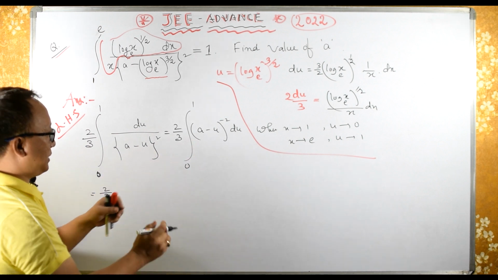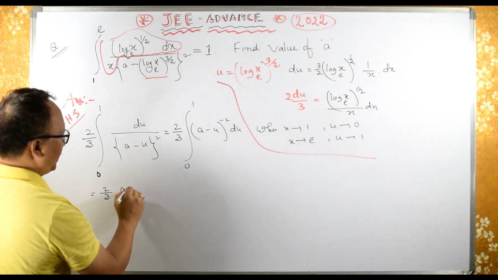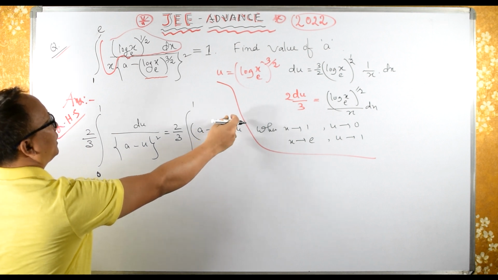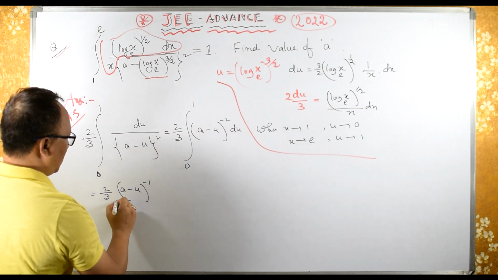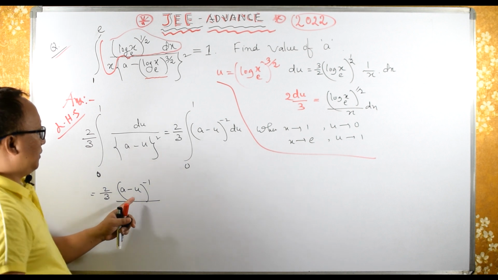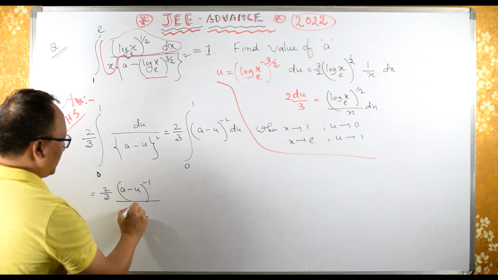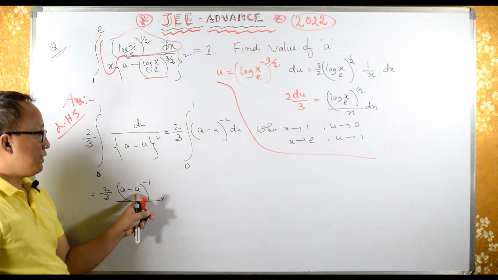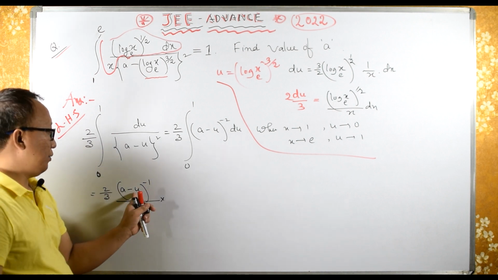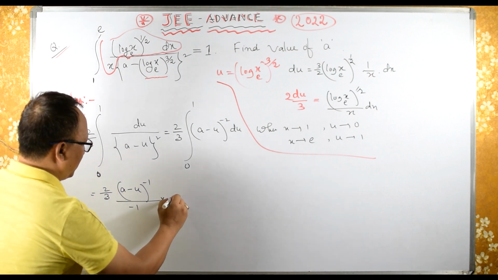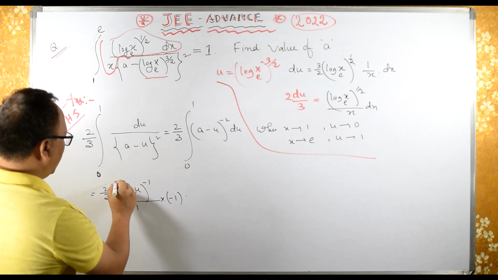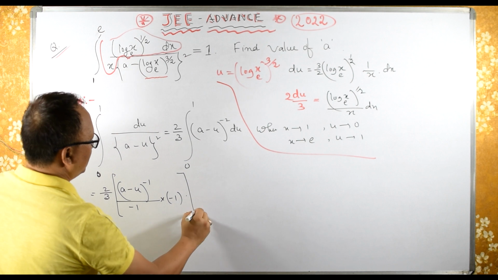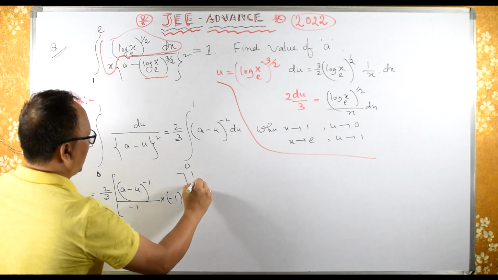Let's integrate this. A minus u raised to minus 2 plus 1 is minus 1, upon minus 1 into, we need to differentiate a minus u with respect to u. Here we will get minus 1, and the limit is from 0 to 1.